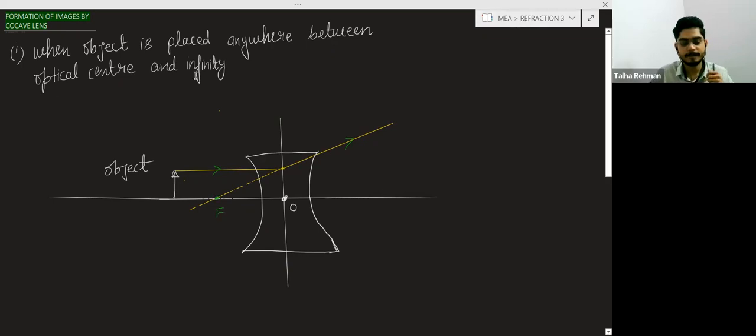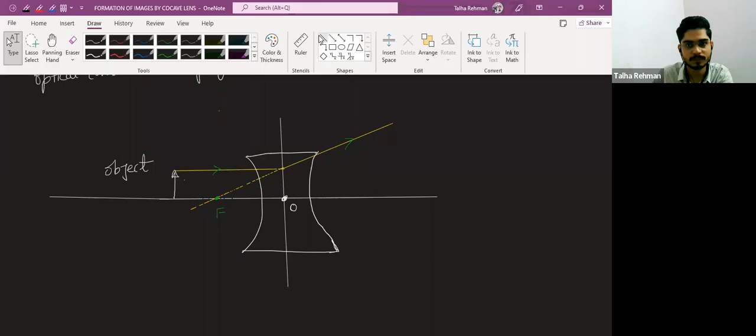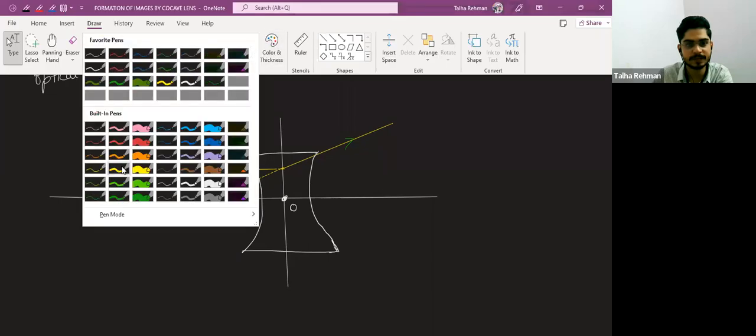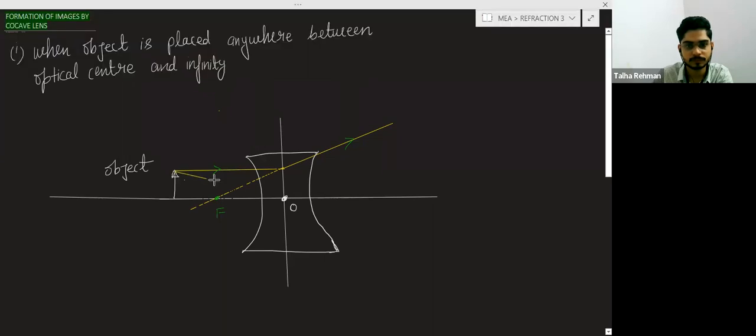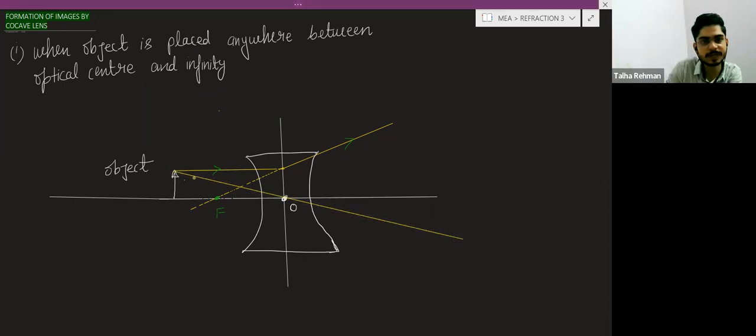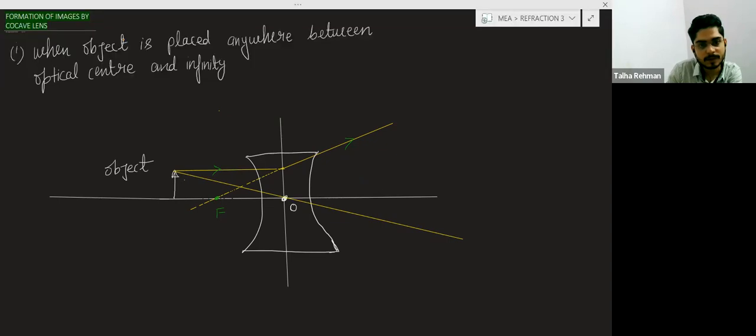Now another ray from this object will be like this. This ray of light is passing through the optical center.